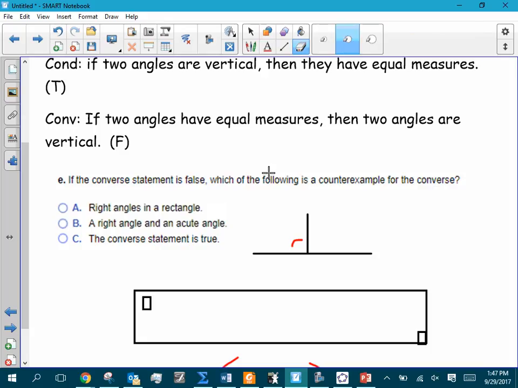The first thing we have to do in order to say whether this statement is true or false is that when I try to develop a counterexample, my counterexample first has to satisfy that condition. I have to have angles that are equal. Does that make sense? Okay. Well, is a right angle ever going to be equal to an acute angle? No. Okay, so I'm not even going to start off with that. I'm not even going to deal with part B.